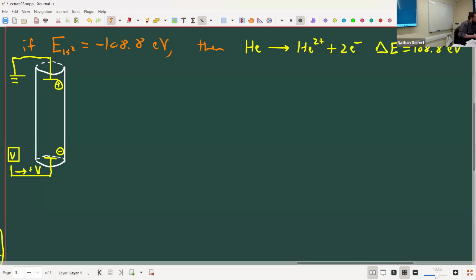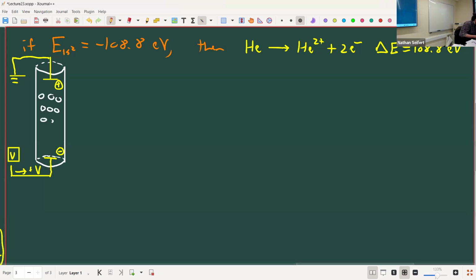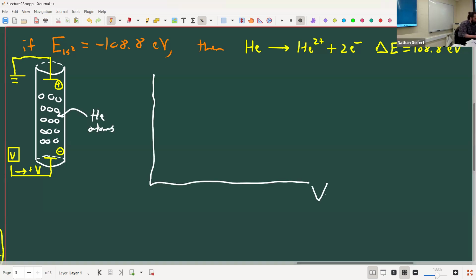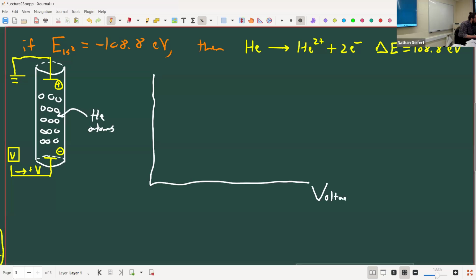We're going to run a voltage through here, and inside of this we have helium atoms. What we're going to do is do a little experiment. We're going to vary the voltage, and we're going to look at the current.